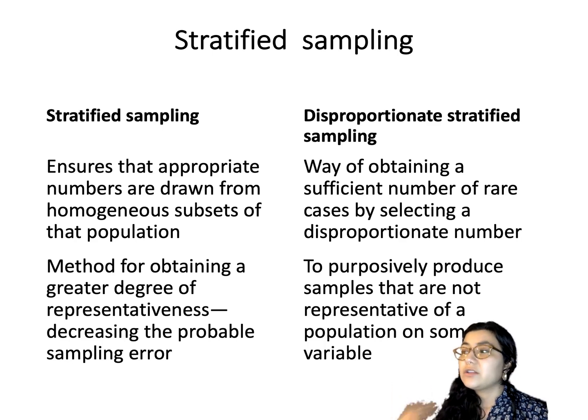So if the larger student body population is, let's say, I'm making this up, 40% white, and we then go onto Rutgers campus and get a 40% white population, and then we do that for each race, then we may get a representative sample.